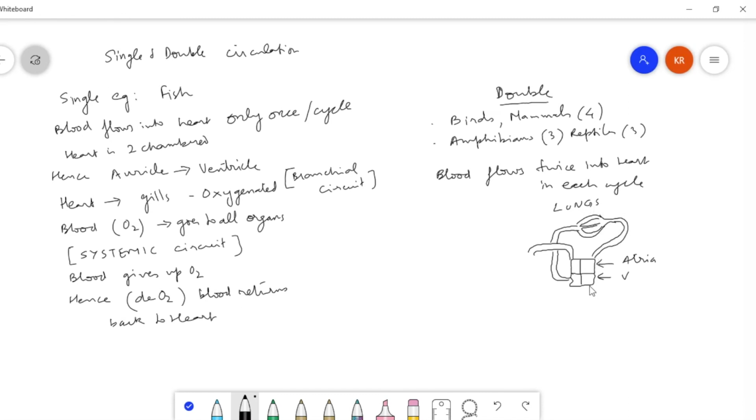From the left atrium it goes into the left ventricle. Again the heart is pumping the same thing, and from here it is getting distributed to the entire body. So again we show a system of capillaries, and the blood is now returned back.